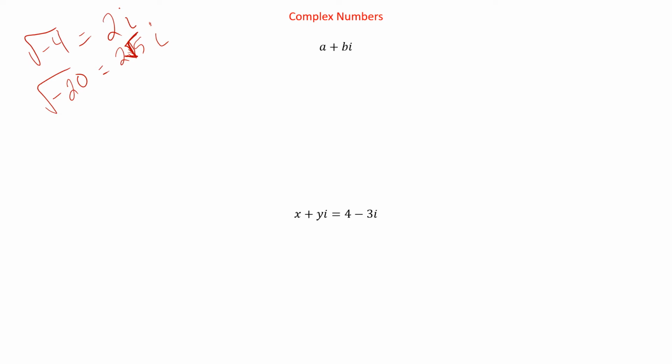And now we get to the complex numbers. Now a complex number, this is a complex number in standard form, a plus bi. We have this a here. This is the real part. We have this b over here. Sometimes people go with the whole bi, but technically the b is the imaginary part.